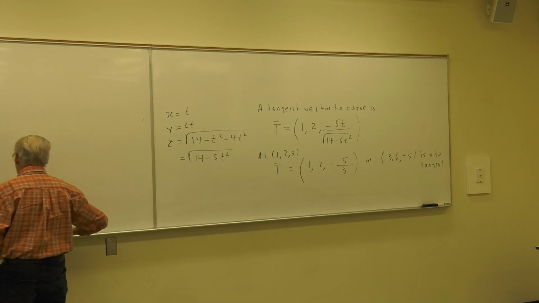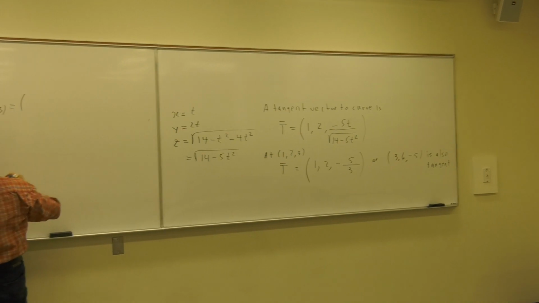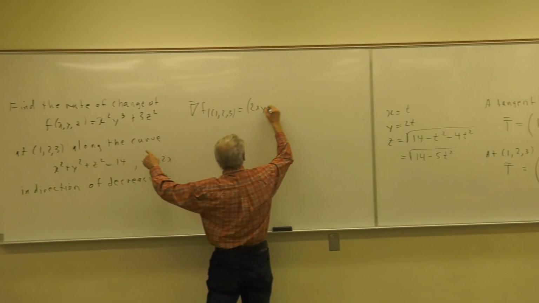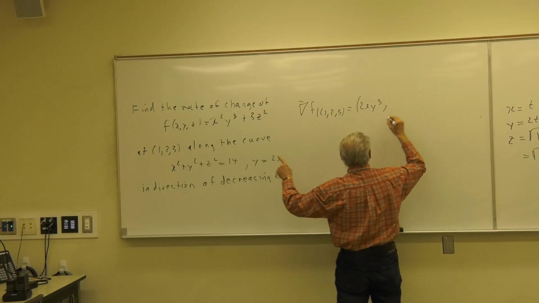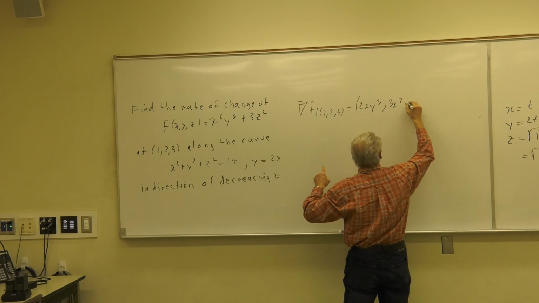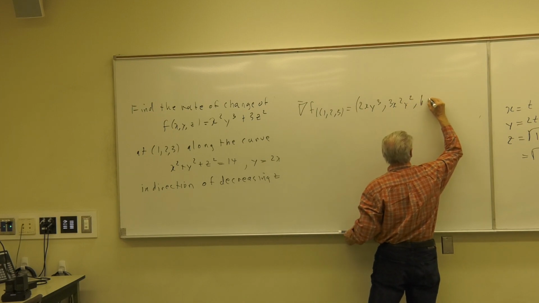So let's go get grad f at the point 1, 2, and 3. The gradient is 2xy cubed, that's it for the x term. The y derivative is 3x squared y squared, and the z derivative is 6z.